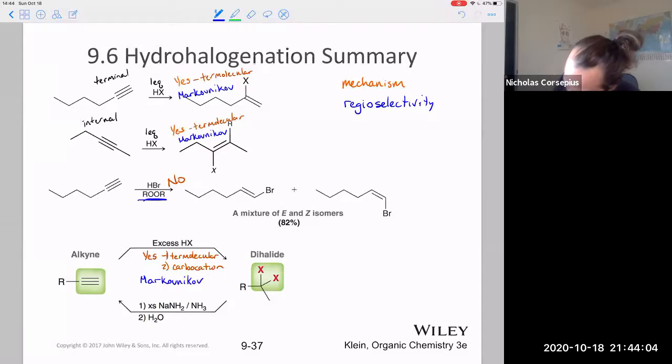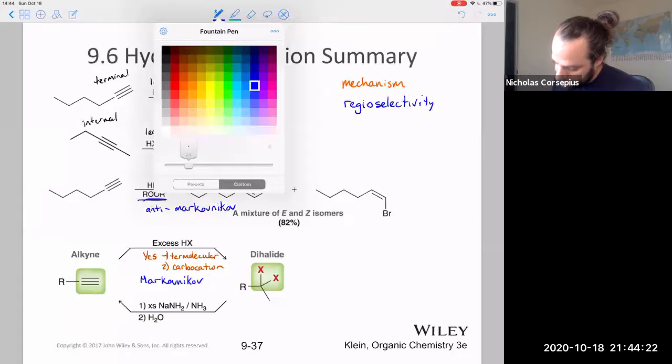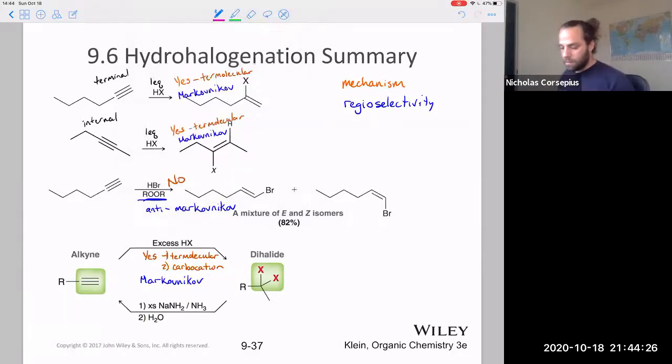And when we have that peroxide there, the whole shtick about the peroxide is it makes it an anti-Markovnikov addition. Oh, usually that's green. Oh well. I try to keep my color coordination straight. I messed it up this time, whatever.